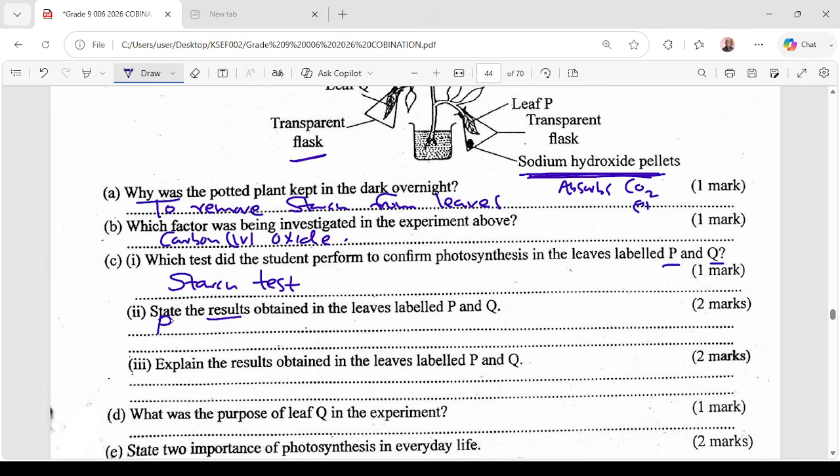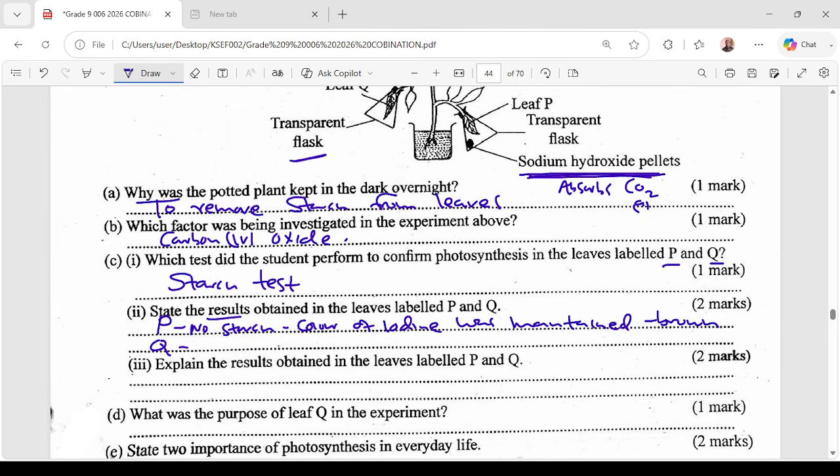For P, no starch. The color of iodine was maintained. That is brown. Got a brown color.